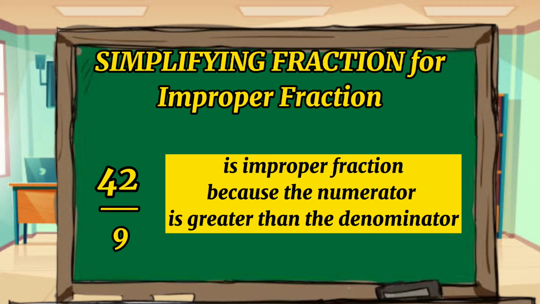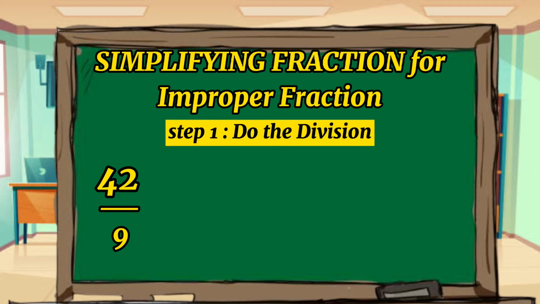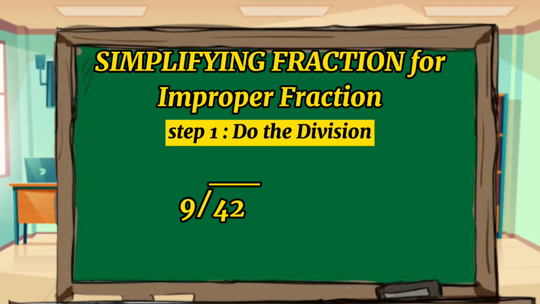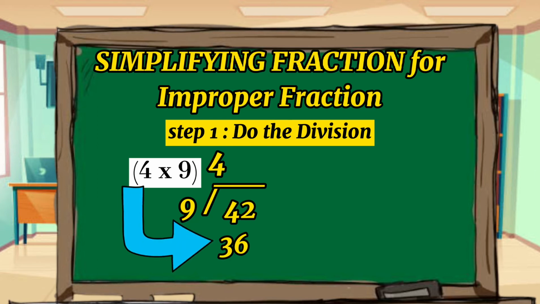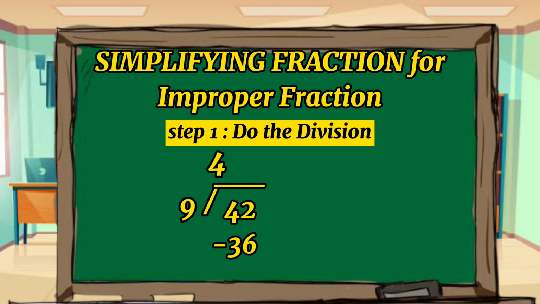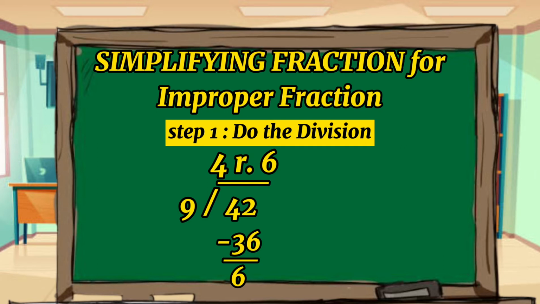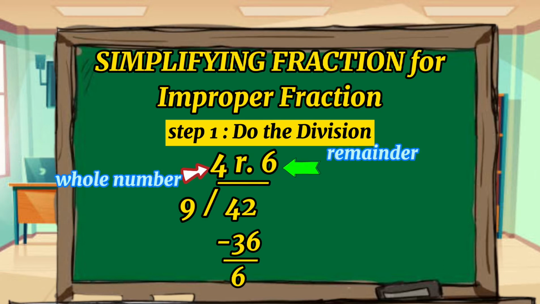Here are the steps. Let's do the division. Let's divide 42 by 9. 9 goes into 42 four times. 4 times 9 equals 36. 42 minus 36 equals 6. The answer of 42 divided by 9 is 4 remainder 6. 4 is the whole number and the remainder is 6.